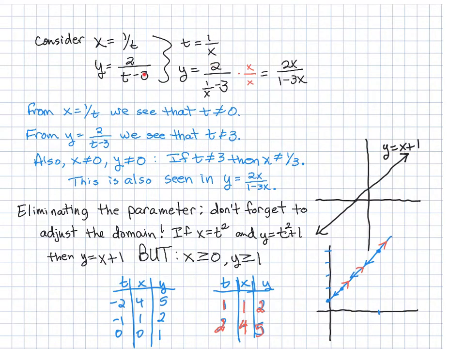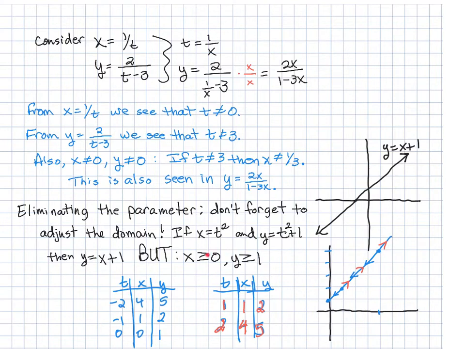If we see from here that t can never be 3, then x can never be 1/3. And you see that also from our final equation. Okay, eliminating the parameter. Don't forget to always check your domain.